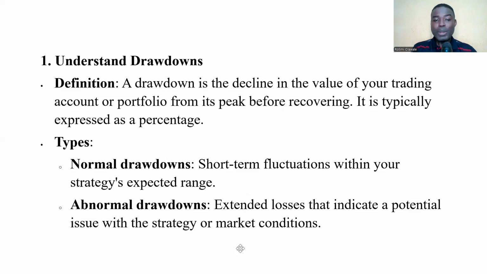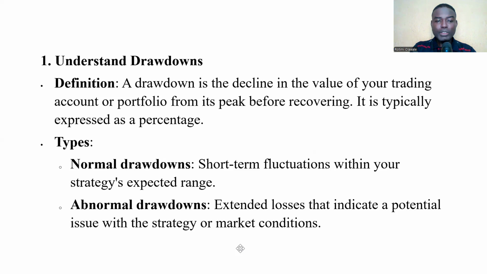So during that period, when price moves slightly against the established trend, it is called a retracement. So normal drawdowns are actually retracements, which are allowable within a particular trade before the trade hits the profit level. You understand? So this is called a normal drawdown because it's a short-term fluctuation.